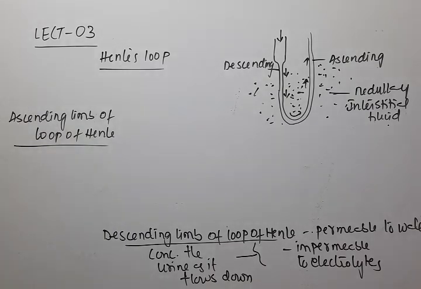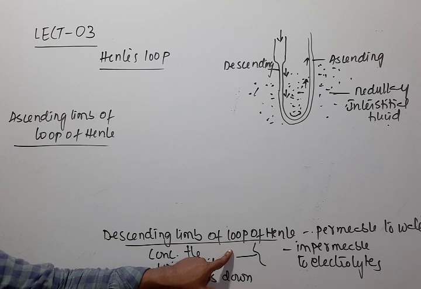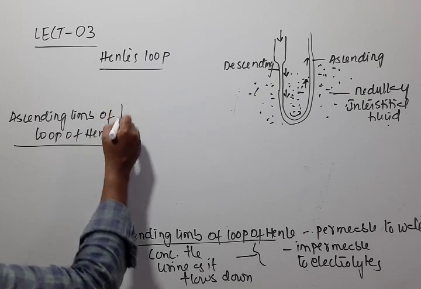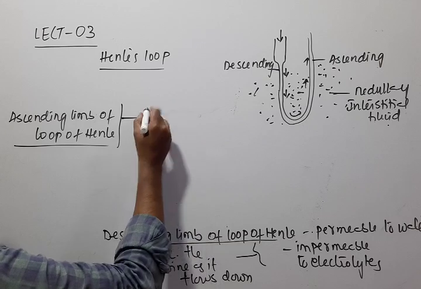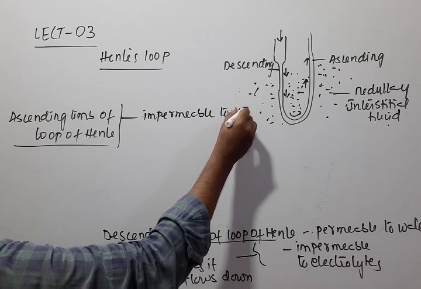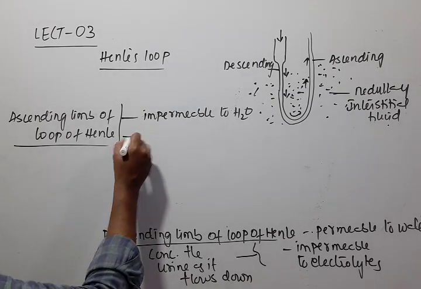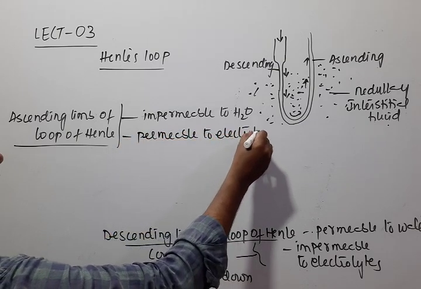Here, in the descending limb, I said permeable to water and impermeable to electrolytes, whereas the ascending limb will be impermeable to water and permeable to electrolytes.